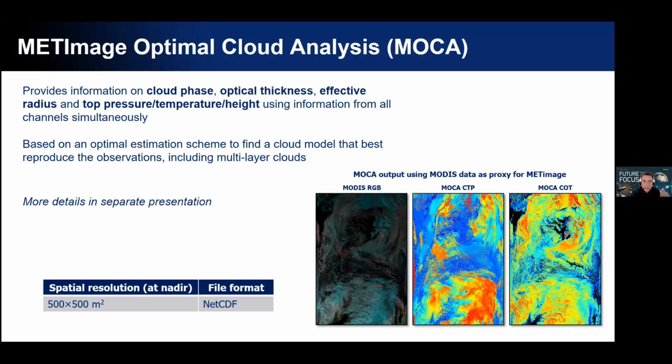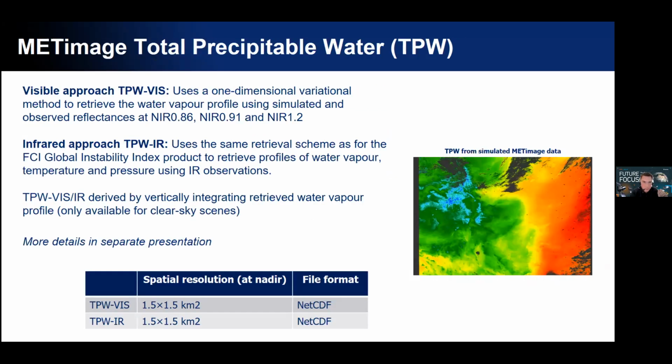There's also for METimage the OCA product. So it's essentially the same, so I will just keep this as a reference. It's the same algorithm in principle as for FCI, and you will get more information later on. And then there's also the total precipitable water algorithm for METimage. And there are two approaches. One utilizes the visible infrared channels using a one-dimensional variational method.